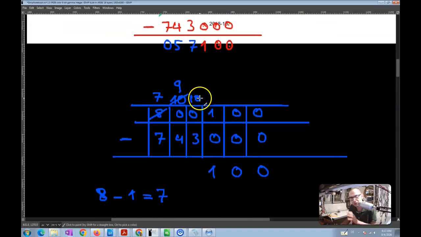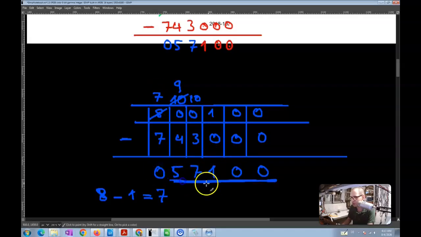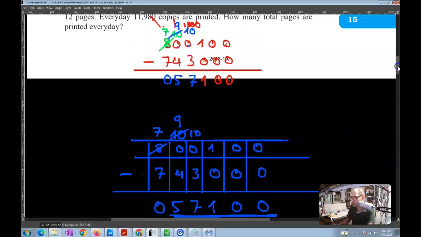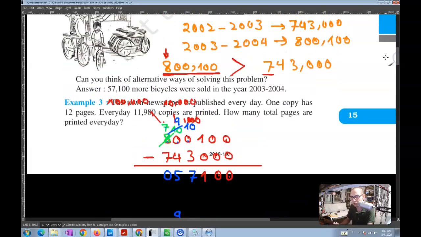But the reasoning behind that also has to be in your mind, because sometimes you actually need to use it. Okay, so then you can go 10 minus 3 is equal to 7, 9 minus 4 is equal to 5, and 7 minus 7 is equal to 0, and you get the exact same thing, 57,100. So that's your subtraction.